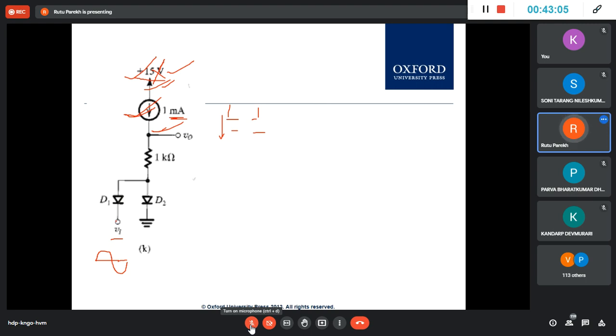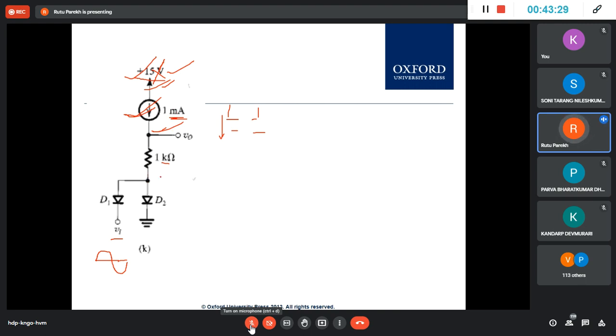And now you start with the positive half. Never forget this, your principle. So if you are starting with the positive half, and as you can see, this will go through this. So the voltage developed here will be how much? This is 1K, this is 1 milli. So 1 volt will be developed here.